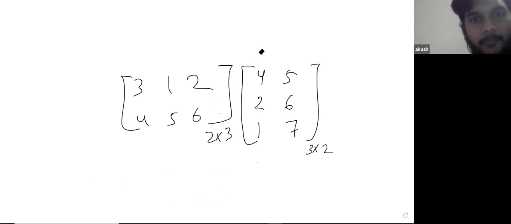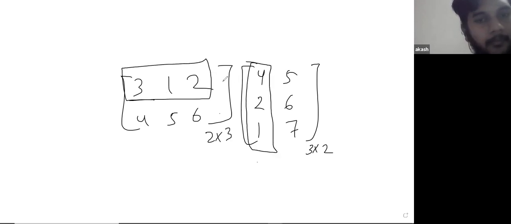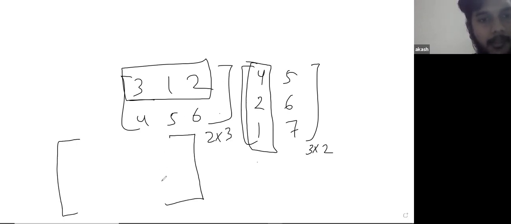What we have to do is row 1 into this. Okay, see, we know that this is a 4 by 4 matrix.